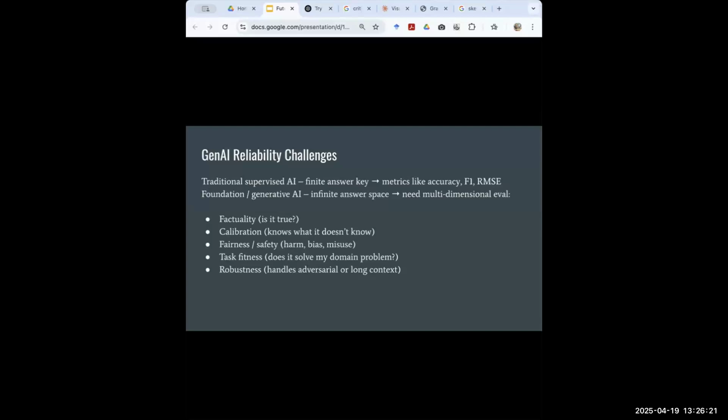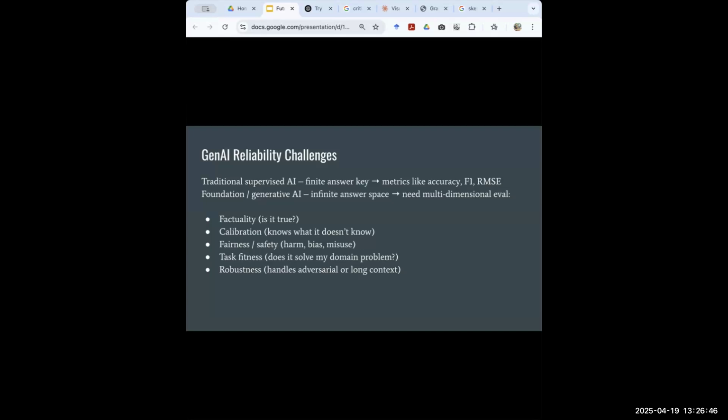But the majority of these share an enumerable output space and a single ground truth label, for example. So you can calculate things like accuracy. I think F1 here is a bit complex, but really the concept is quite simple. It's just how many of the predictions you made are correct.